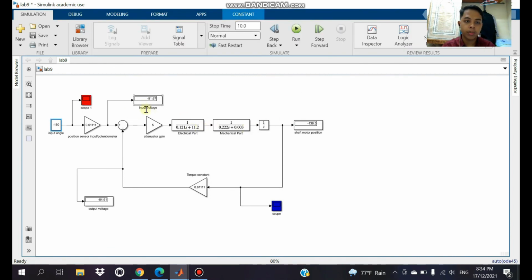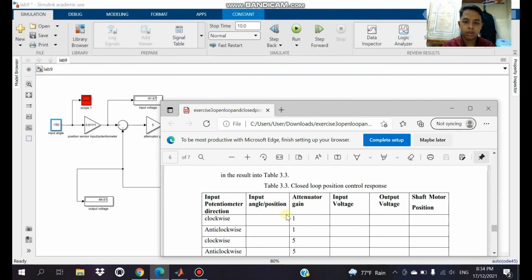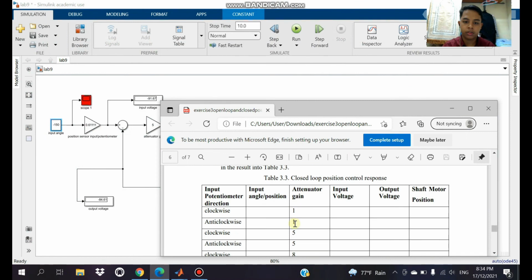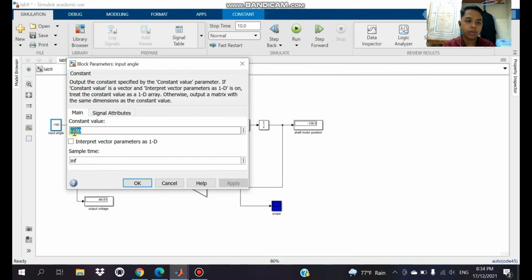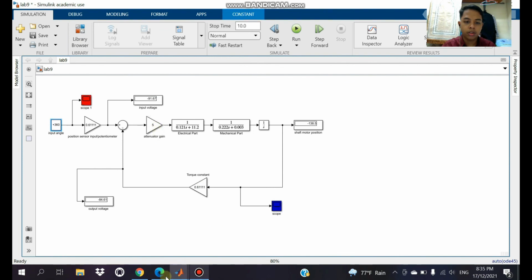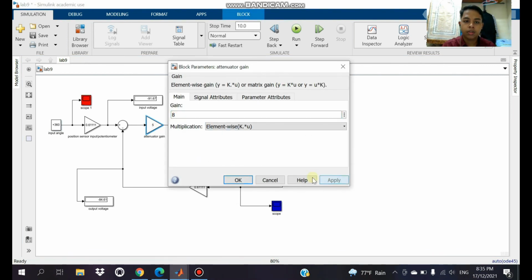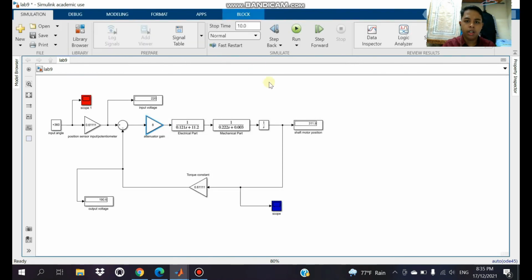Then I switch to 316 for the positive, and the attenuator gain 8, apply, and okay, then run and get all the input voltage, shaft motor position, and output voltage for the clockwise.